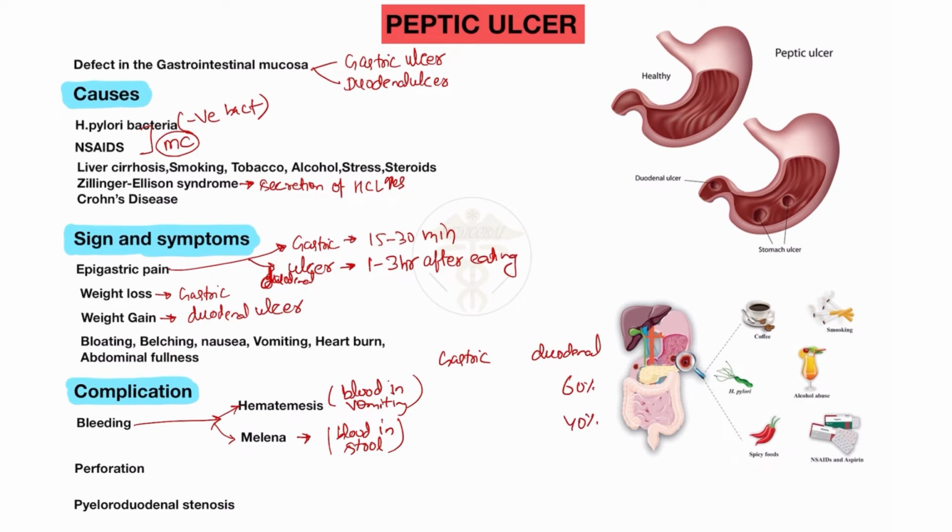But when a gastric ulcer occurs, it's opposite: hematemesis is 40% and melena is 60%.